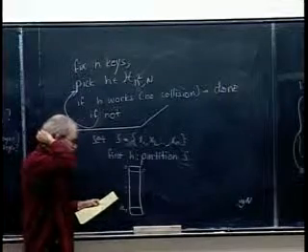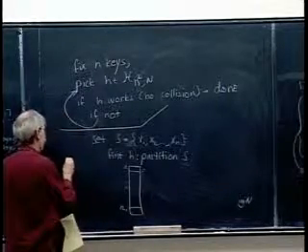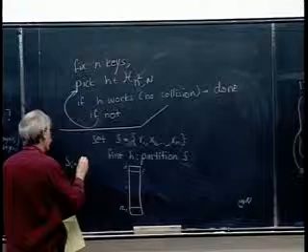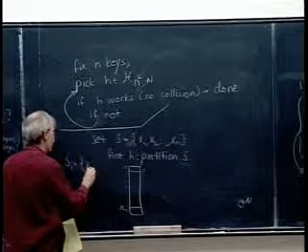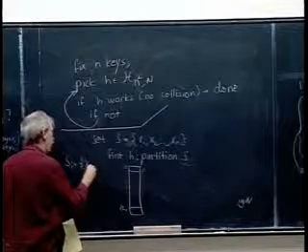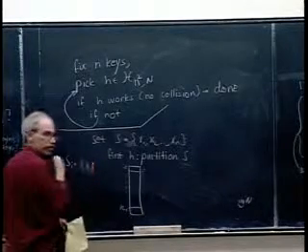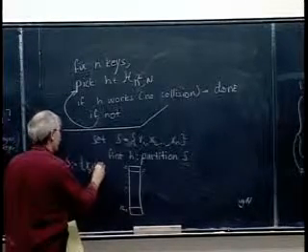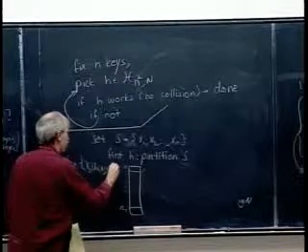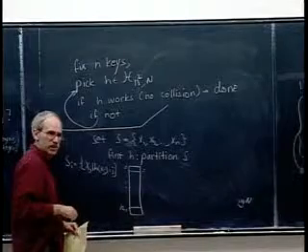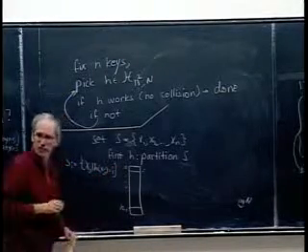Let S_i be the set of all xj such that h of xj is i. So there are certain keys that map there.